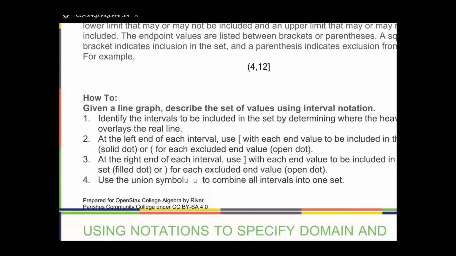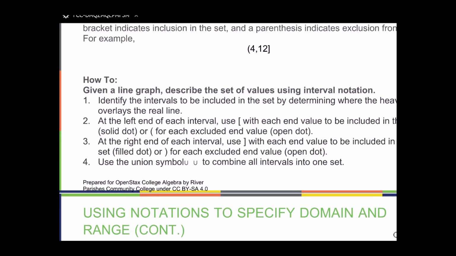We've also talked about how to find the domain if we have an equation. But now let's talk about a graph. If we were to give you the graph instead: given the line graph, describe the set of values using interval notation.